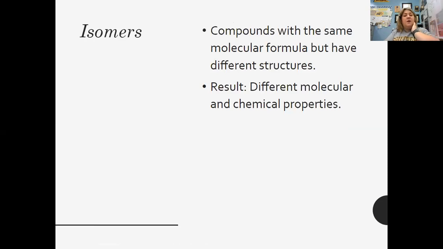So when we talk about organic molecules, a very important concept that we need to discuss is something called an isomer. Usually my example of an isomer is Legos. If I were to walk into class and give everyone a Ziploc bag with the same Legos in it, and tell you, okay, you've got 10 minutes, build me something, everybody has the same number and the same type of Lego.